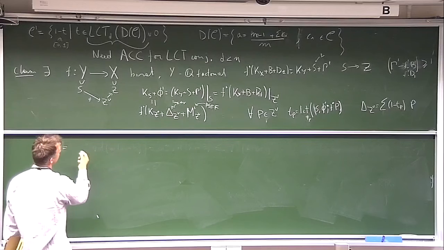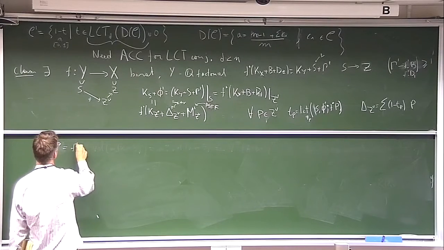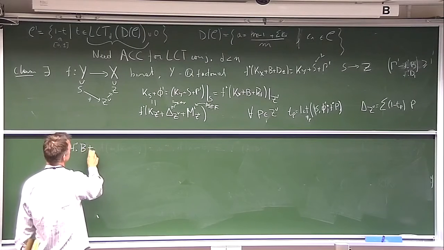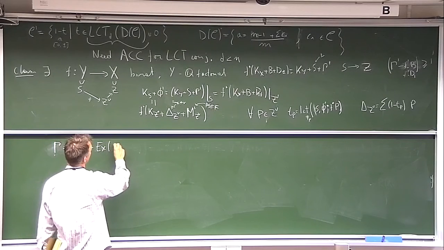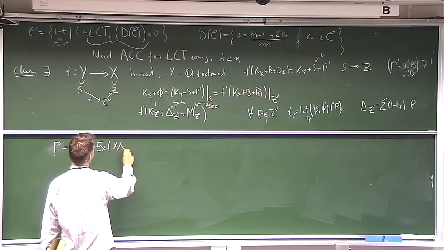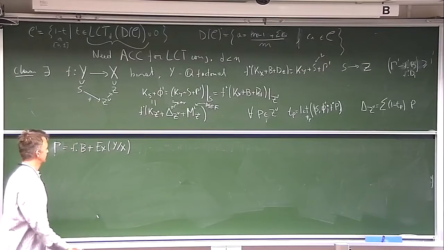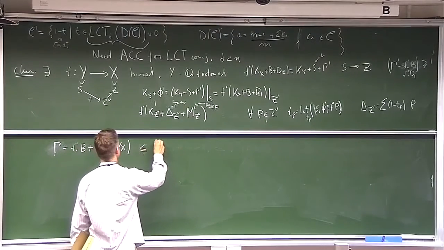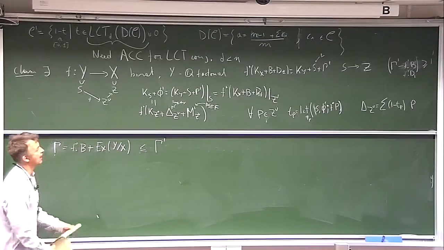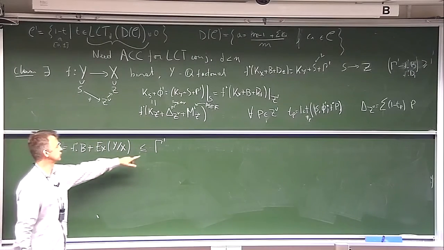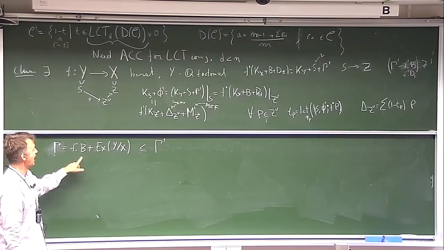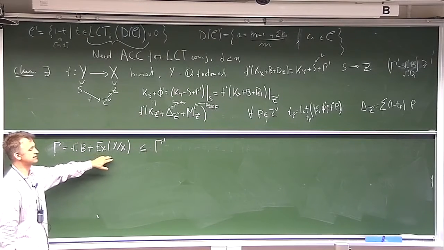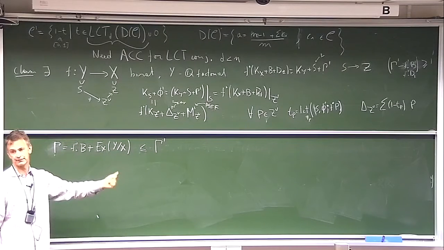It's going to be the strict transform of B plus all the exceptional divisors for Y over X, right? And this is automatically less than or equal to gamma prime, because what's the difference between these two? Gamma prime also includes the strict transform of D1, and it may include some of these exceptional divisors with coefficients strictly greater than 1.